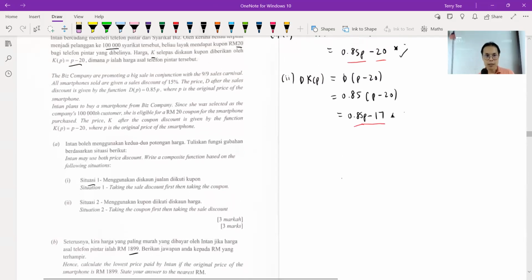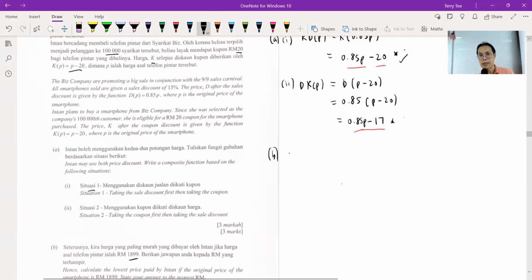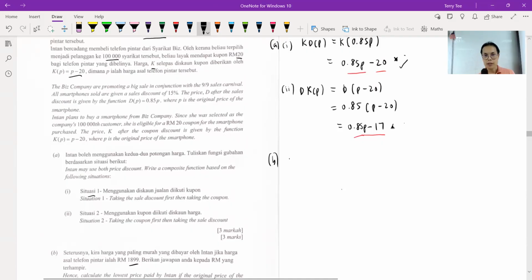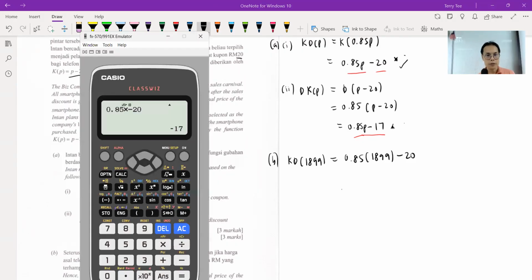Okay, I'm going to calculate the lowest price. This will be not D(K(P)), but K(D(P)). So your K(D(1899)) means we put 1899 inside your P, the original price here, then you minus 20. So let's take 0.85 times 1899, then you minus 20.